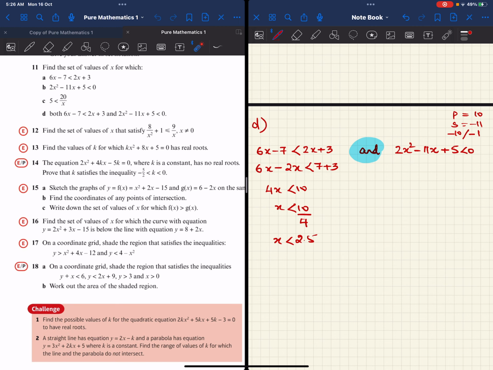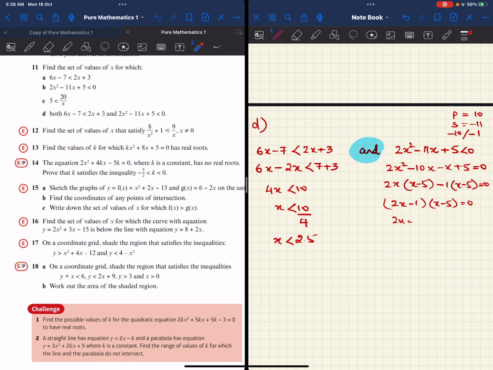So we can split the middle term, 2x squared minus 10x minus x plus 5. For critical values, we equate to 0. We can take common 2x into x minus 5 minus 1 into x minus 5 is equal to 0. So our brackets are 2x minus 1 and x minus 5 is equal to 0.